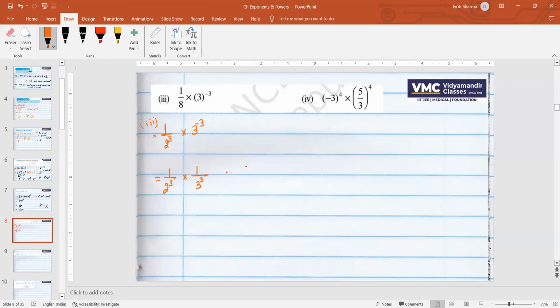I can write it in this way by using the law. As in the previous question, I did it. In the same way, I can do. And I can write the same law. And it will become 6 cubed, which is equal to 216.